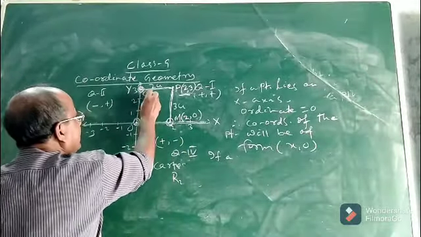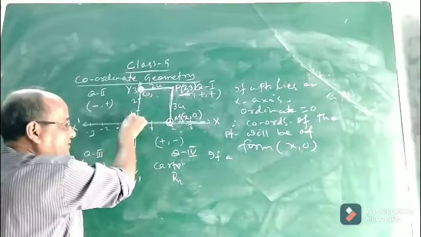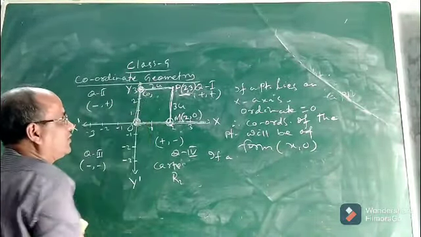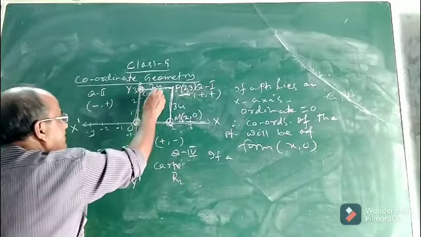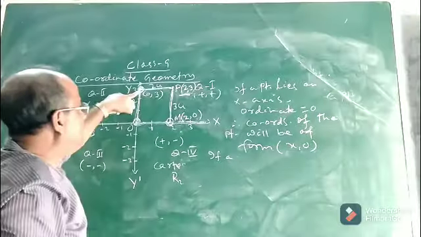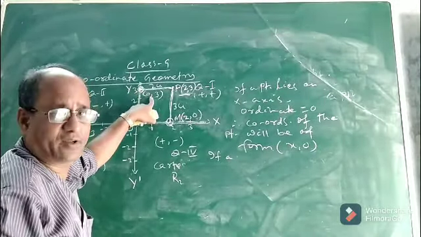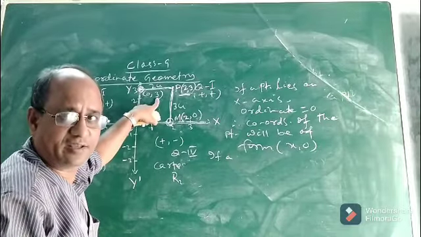And what about the y coordinate? The y coordinate means the distance of the point from which axis? The x-axis. And this distance is 3. So the coordinates are 0 and 3. The x coordinate is 0 but the y coordinate is 3.